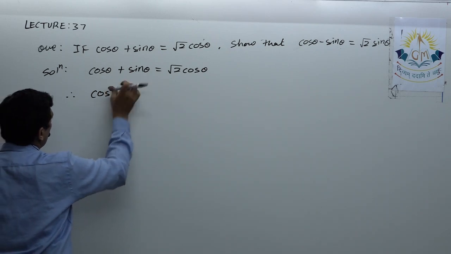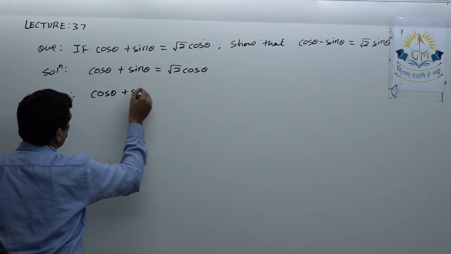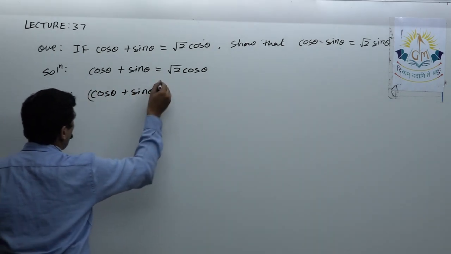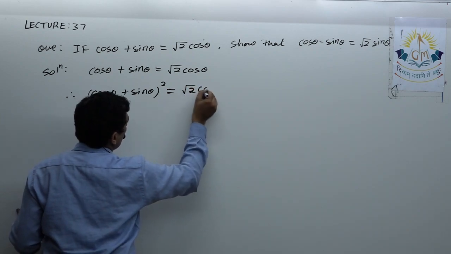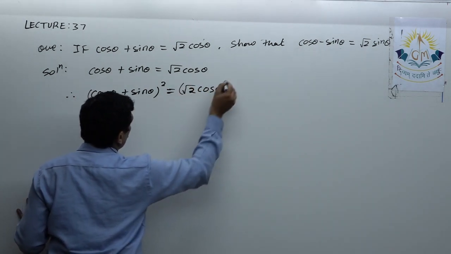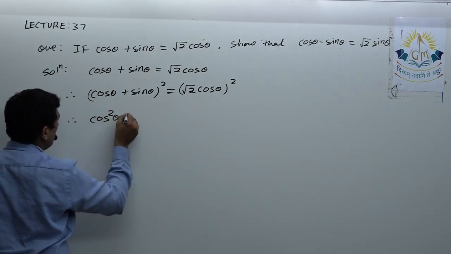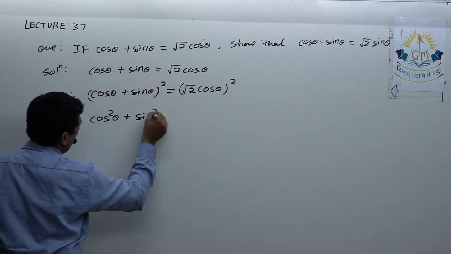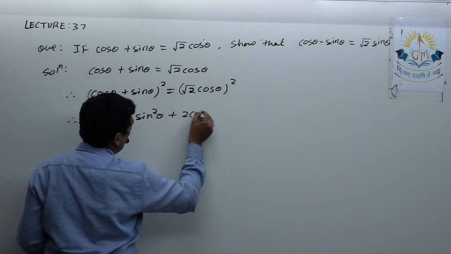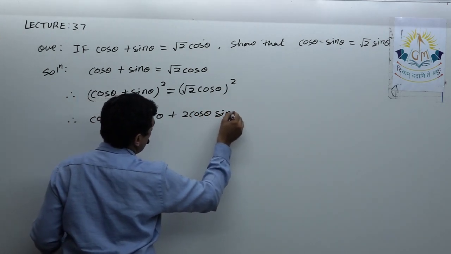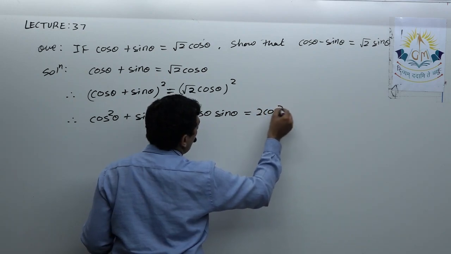If I square on both sides, what I will get? Cos theta plus sin theta whole square is equal to root 2 cos theta whole square. So this gives me cos square theta plus sin square theta plus 2 cos theta sin theta is equal to 2 cos square theta.